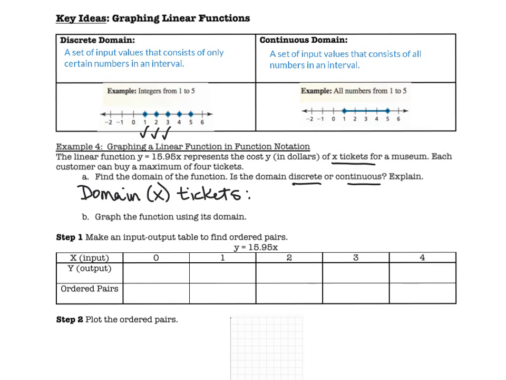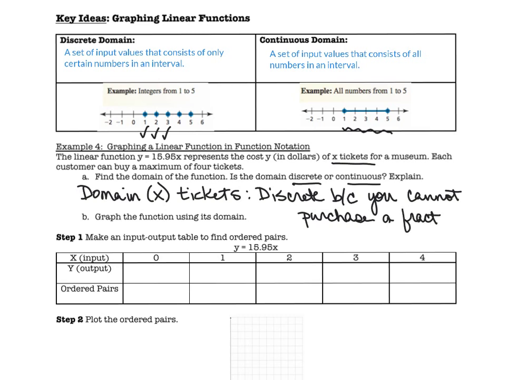Is it possible that we could only buy 1 ticket or 2, 3, 4? Or is it continuous where we could have 1.5 tickets or 2.5 tickets? Your answer should be discrete, because you cannot buy a half of a ticket. You cannot purchase a fraction of a ticket.